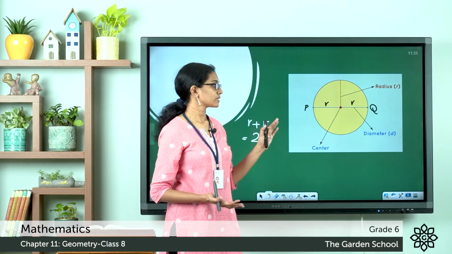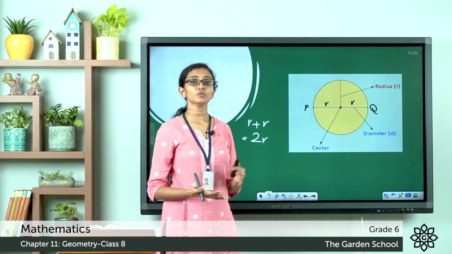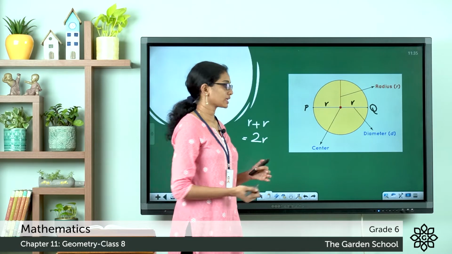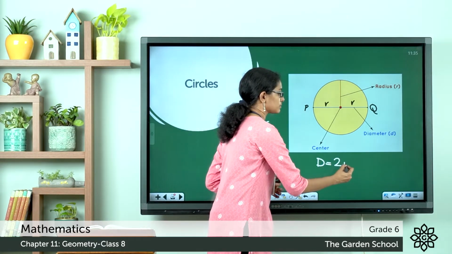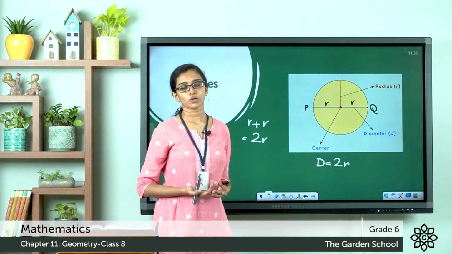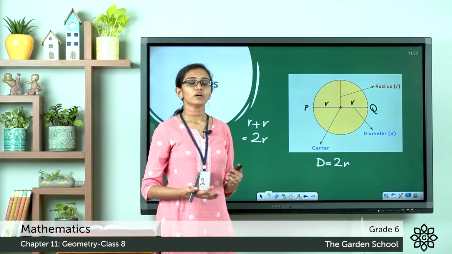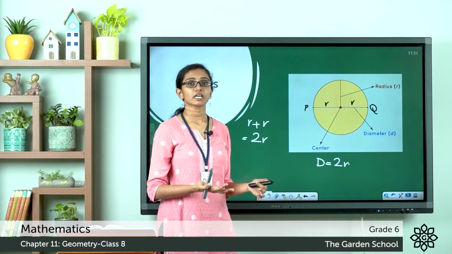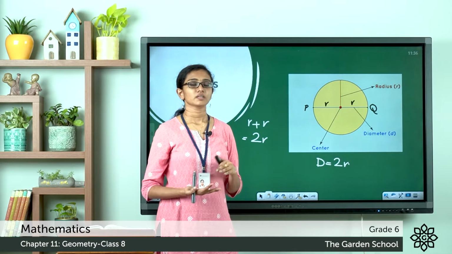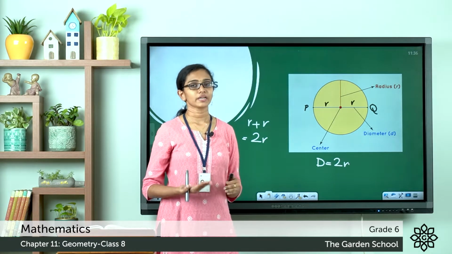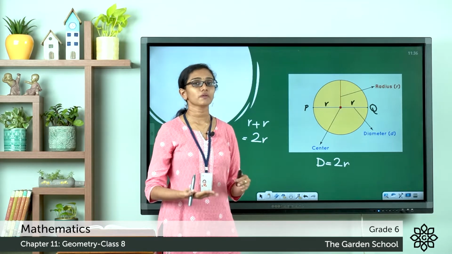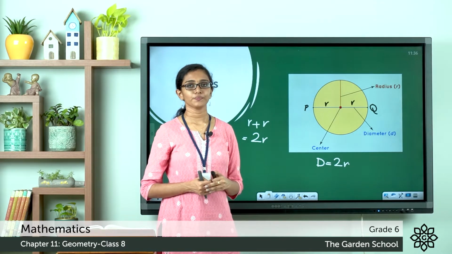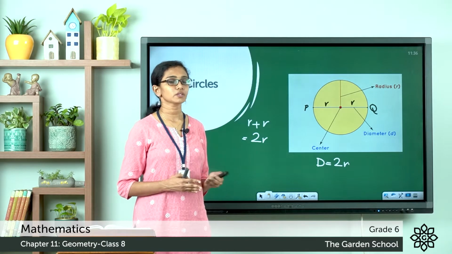So we can say the diameter of a circle will be equal to 2 times the radius, or we can write the diameter D is equal to 2 times R, where R is the radius of the circle. Now a circle is usually measured in terms of its radius. The plural of radius is called radii, and we can mark any number of radii and any number of diameters in a circle.